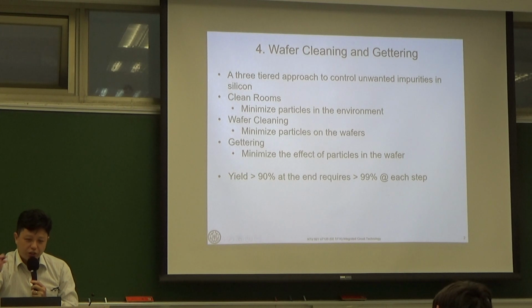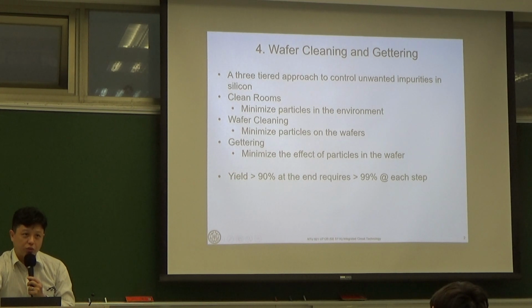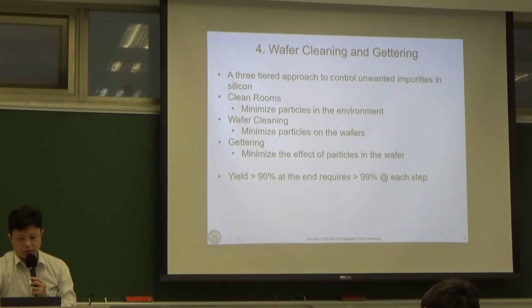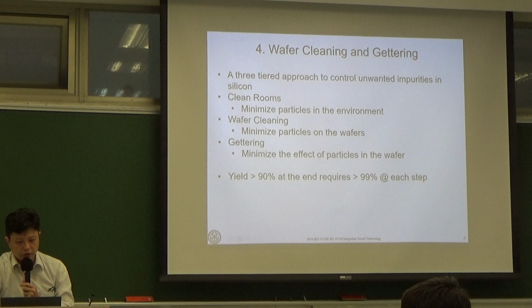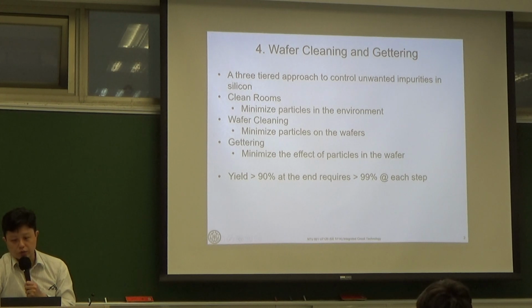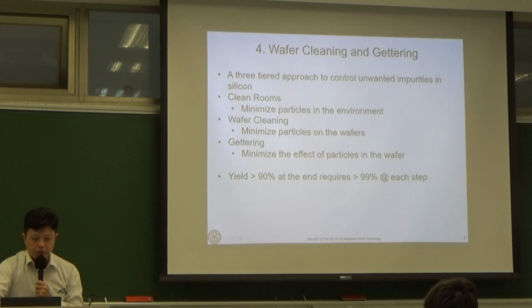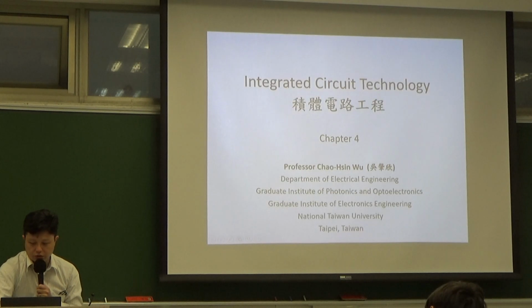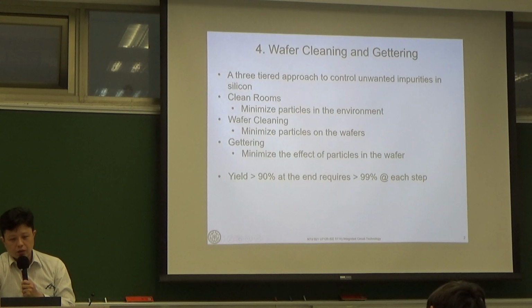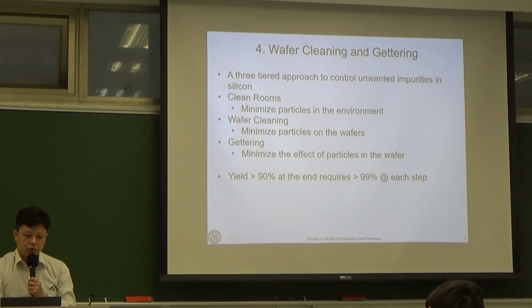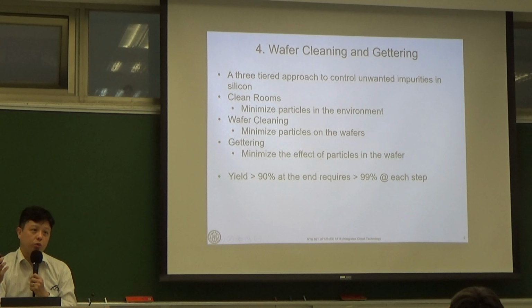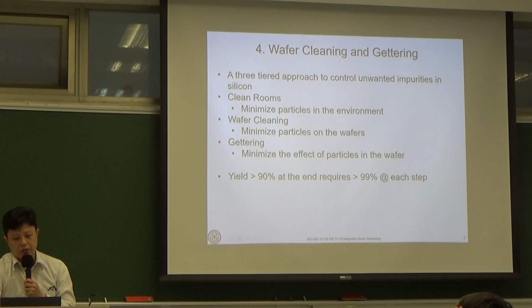Okay. The second tier of this approach to control these impurities is to clean the wafers, you can use some solution process to clean the surface of your wafers. And the third tier of approach is to gather the unwanted material inside your wafers. Right.